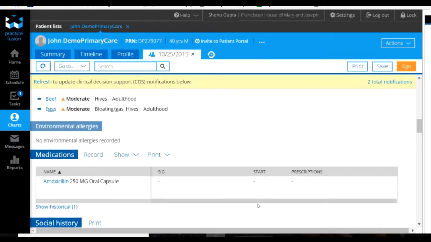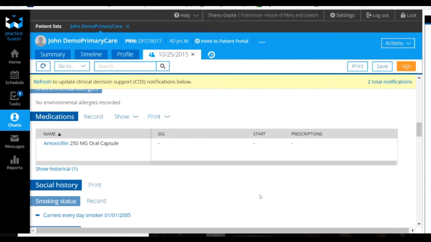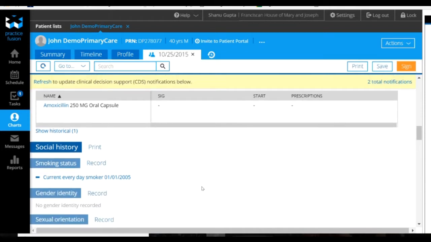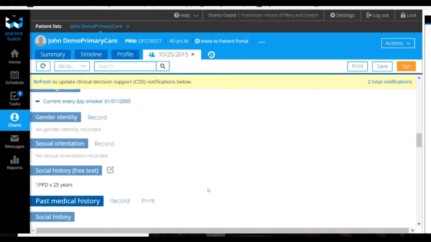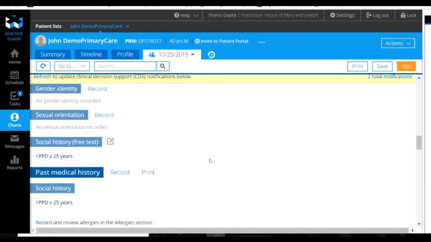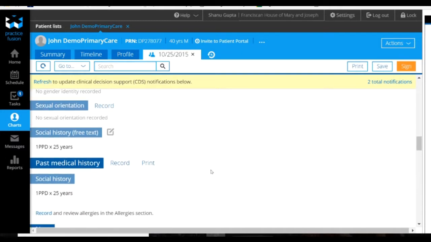Looks like he had amoxicillin in the past, and that's probably where he experienced his allergy. Social history, again, it's really important for us to document this and record it rather than typing it freehand, so that we can gather data when we do quality improvement studies in the future. And again, for all of this other information.